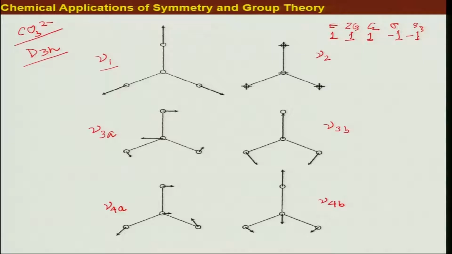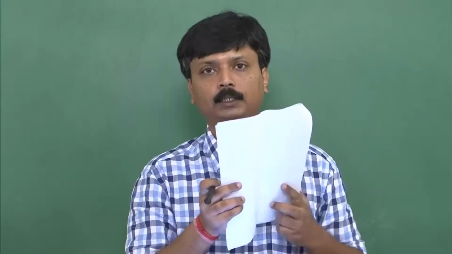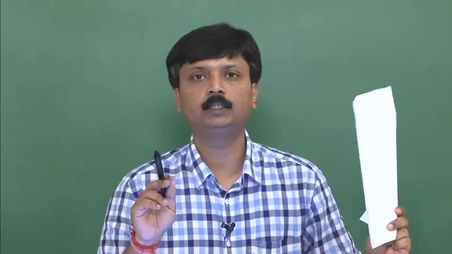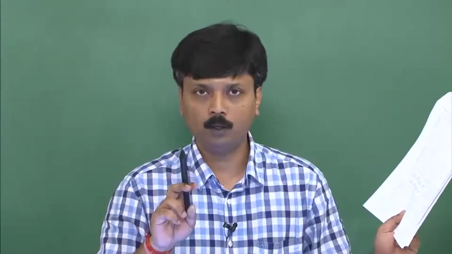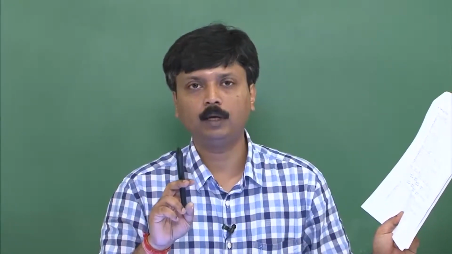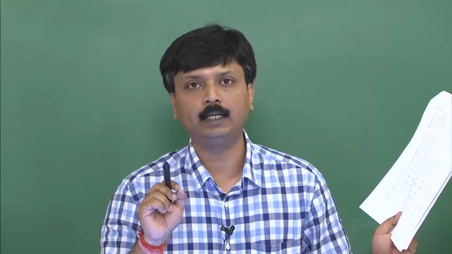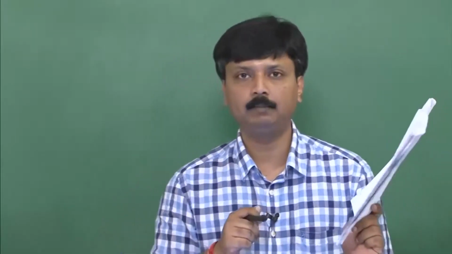Sigma v is not going to change anything, right? So sigma v will give me +1. So now if I compare this particular irreducible representation, because here the representations are giving me only one matrix element, only one matrix element is there.